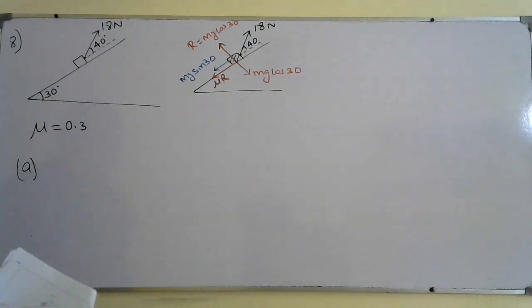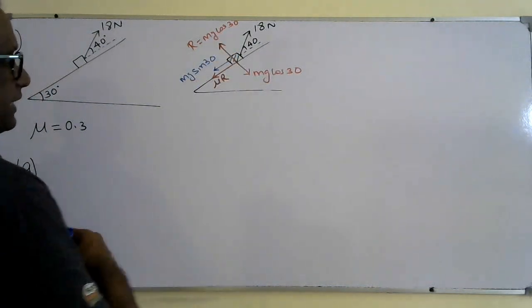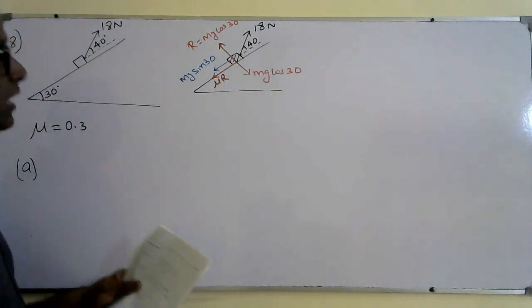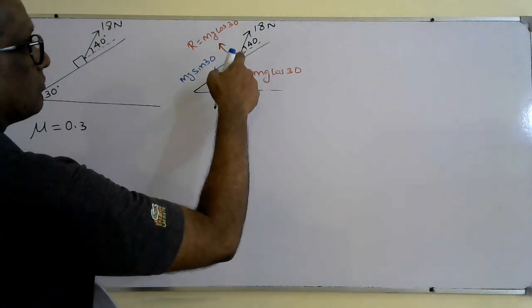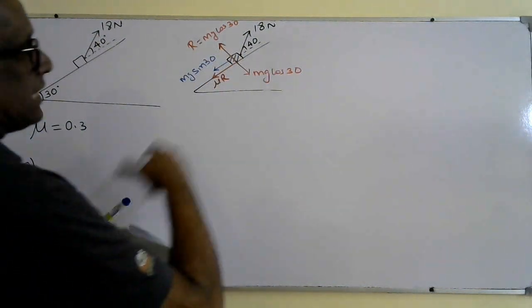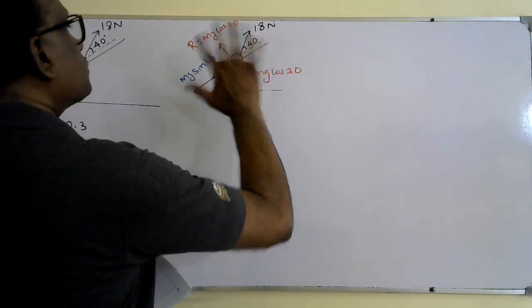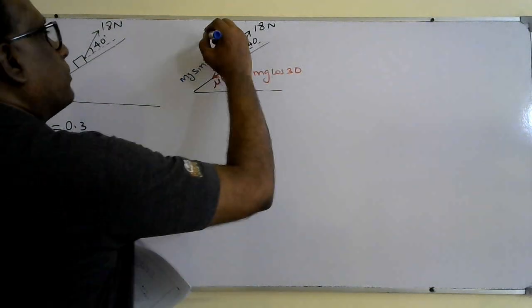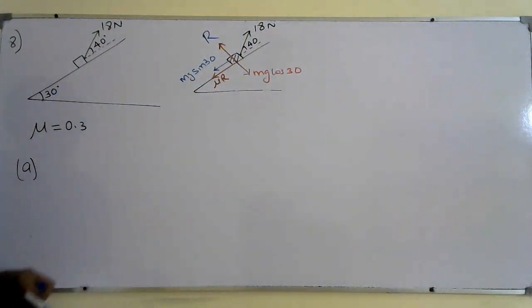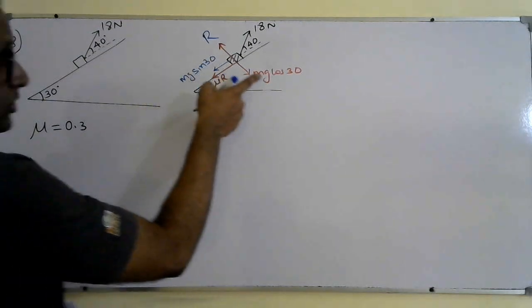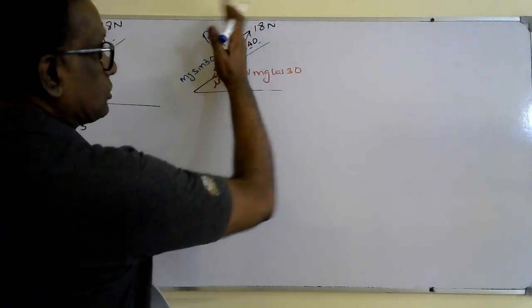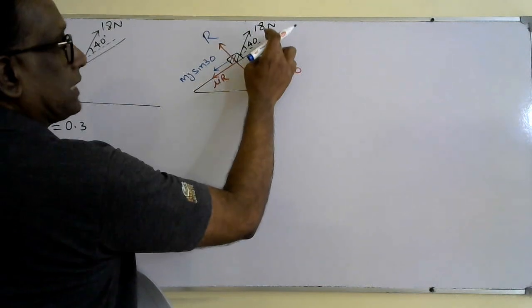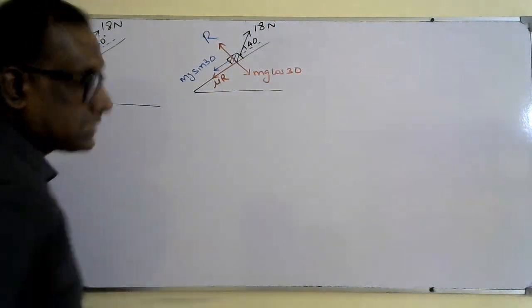We'll consider Newton's second law along the plane up. Before that we need to find the normal reaction. Sorry, I made a mistake, because there is mg cos 30 and this is also there. This is the component of the weight, and there will be the normal reaction R. So it won't be just mg cos 30 because there is a force which also has a perpendicular component.